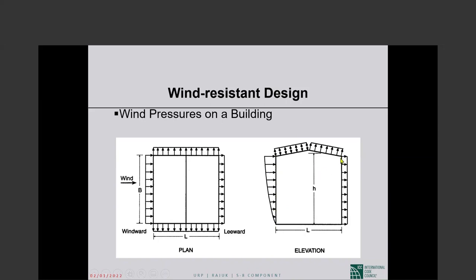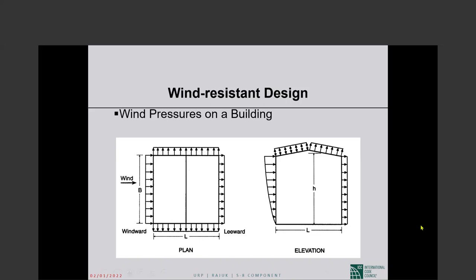On all the other faces, the leeward face, the side faces, the roofs, we go for a constant suction evaluated at the mean roof height level.